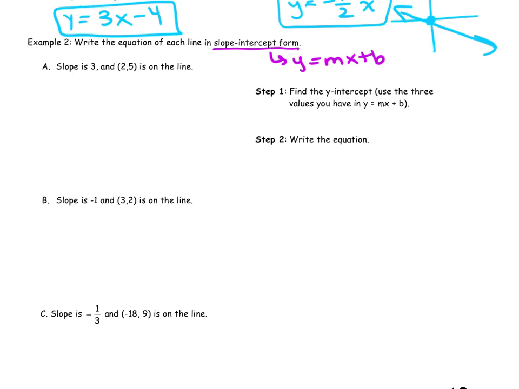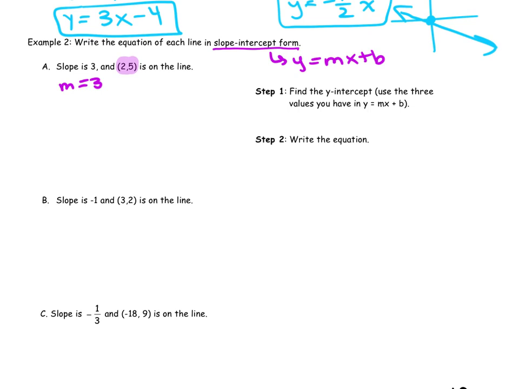So now I give you the slope, and I give you a point that's on the line, right? We've got that point (2, 5). Well, okay. What do we do? I don't know. Give up? No. Well, let's think about it.